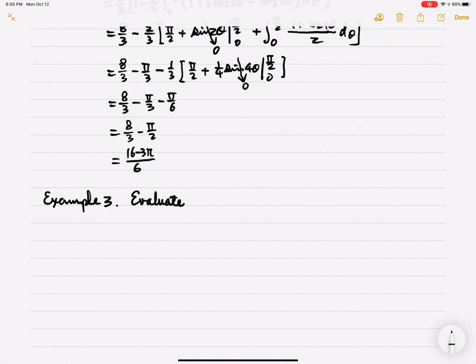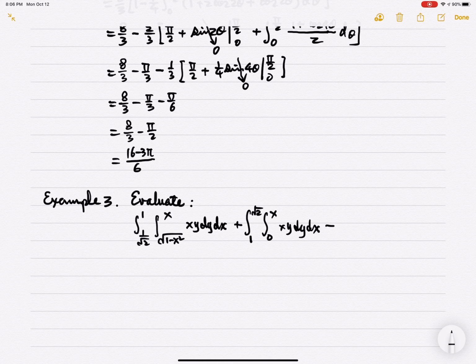The integral from 1/√2 to 1, from root 1 minus x squared to x, of xy dy dx, plus the integral from 1 to √2, from 0 to x, of xy dy dx, and then plus from √2 to 2, from 0 to root 4 minus x squared.